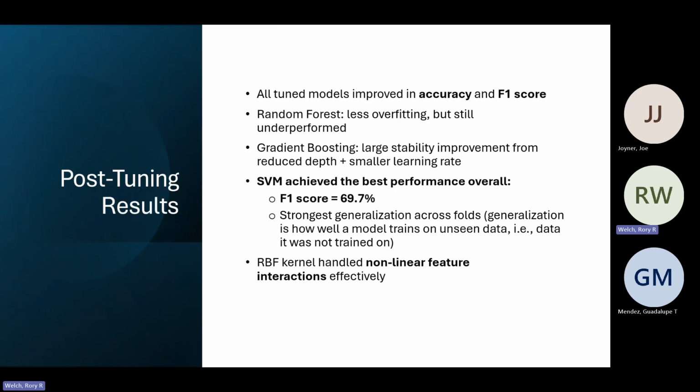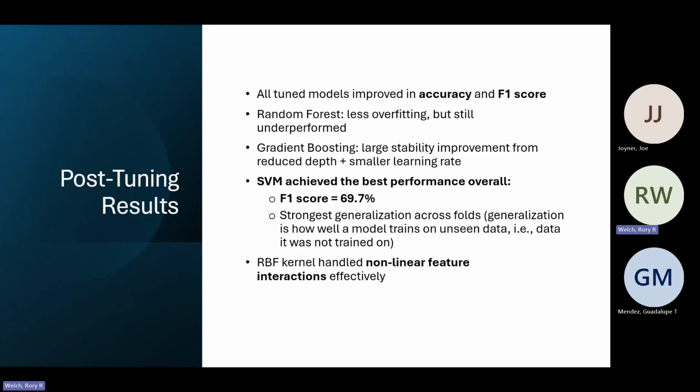Our post-tuning results did show accuracy improvements in all models, with accuracy and F1 score. Our random forest did show overfitting still, but did perform better than its pre-tuned counterpart.